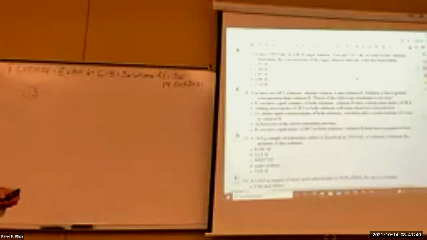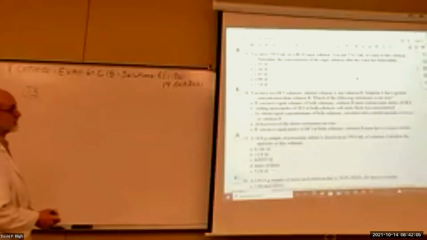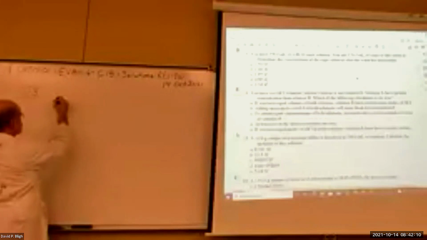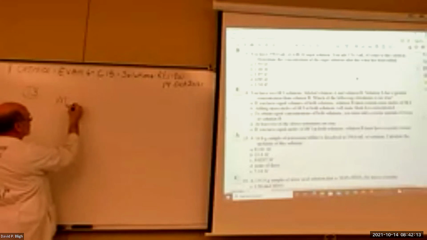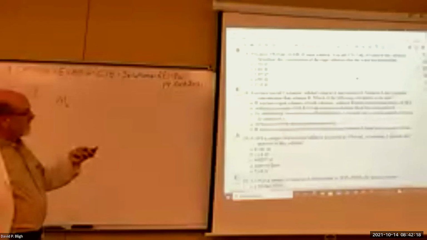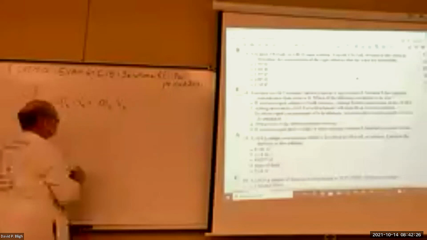You've got 250 milliliters of 4 molar sugar solution, and you add 376.3 milliliters of water. What's the concentration of the sugar solution after the water's been added? Okay, we're diluting the solution. So if we say the concentrated molarity times the volume of the concentrated is equal to the molarity of the diluted times the volume of the diluted.